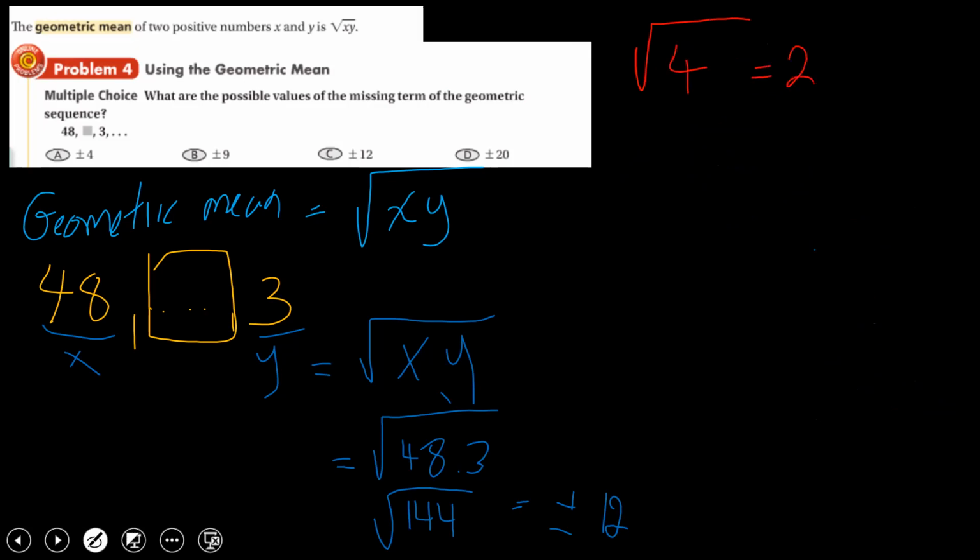But if x is the square root of 4, if I have a variable, you can say, because it's a variable, it will be positive or negative 2.